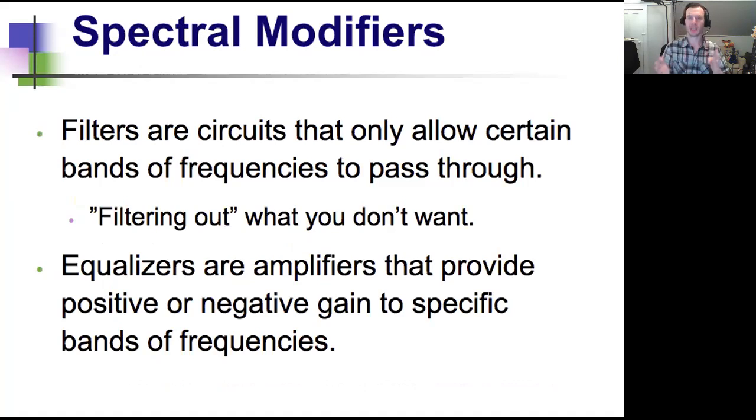That can mean a low pass filter, which allows low frequencies to pass through, or a high pass filter, which is very common on pretty much every audio track, besides those that have the extreme low frequency range. Here you can see a little definition of equalizers as amplifiers that provide both positive and negative gain to specific bands or ranges of frequency.